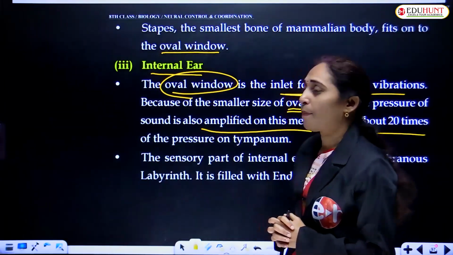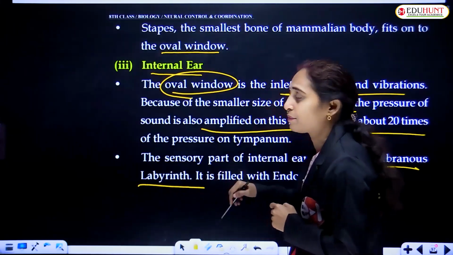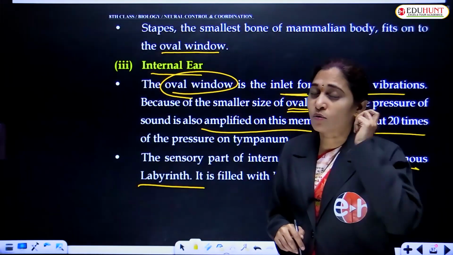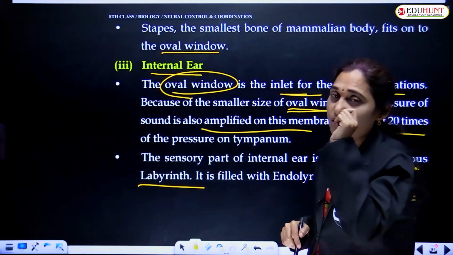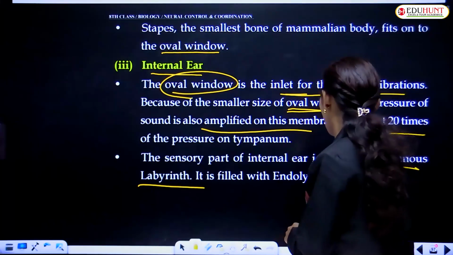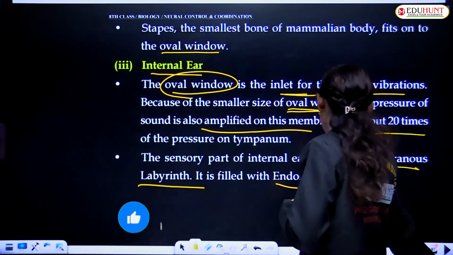The sensory part of the internal ear, the very sensitive part, is the membranous labyrinth, and it is filled with a fluid called the endolymph.